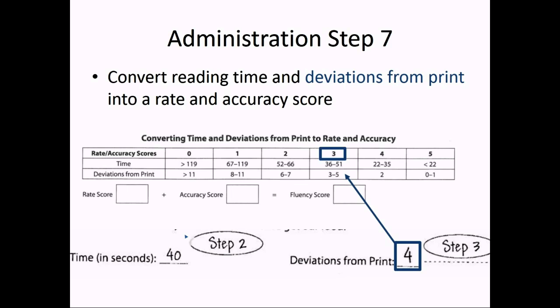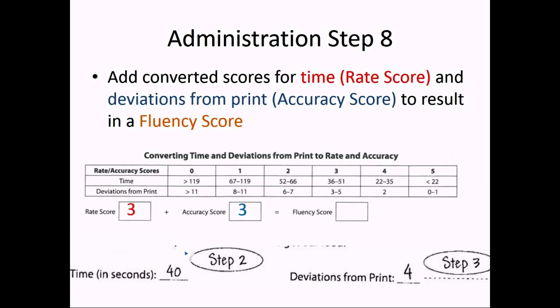So I'm going to put that rate accuracy score of 3. So now we got a 3 for deviations from print and a 3 for the accuracy score. I'm going to add those two together. And that gives me a 6 for my fluency score.